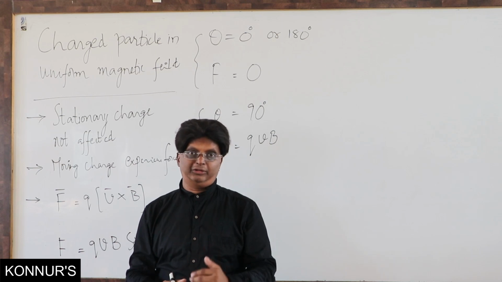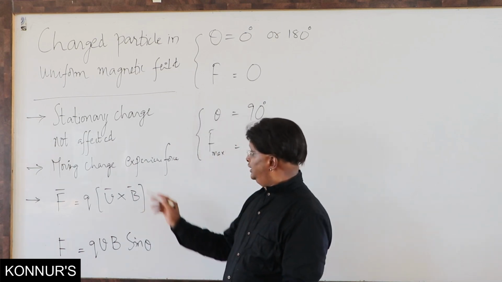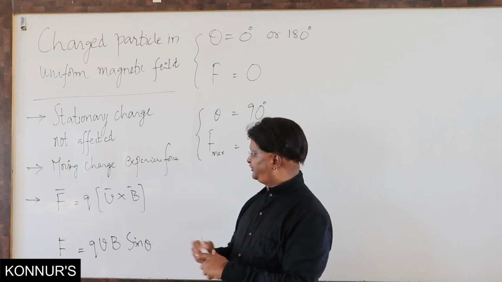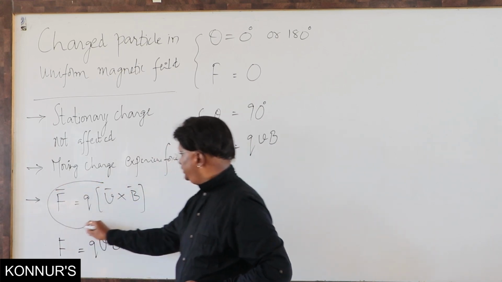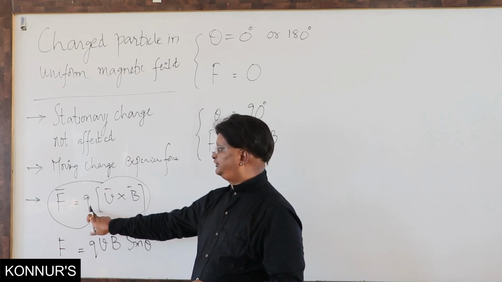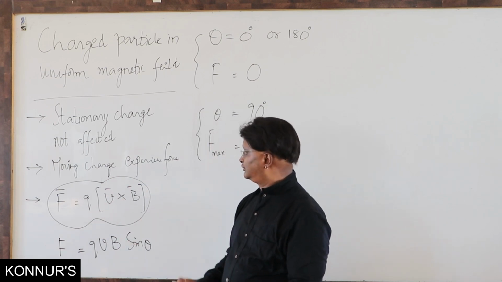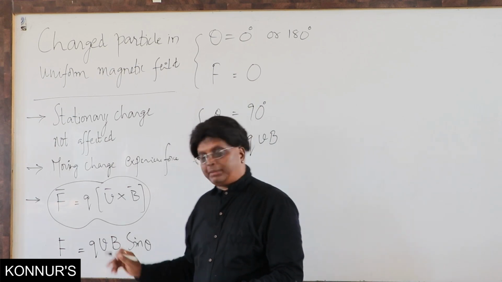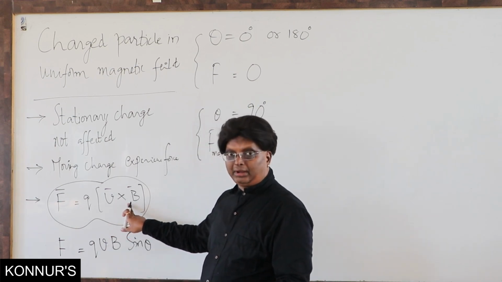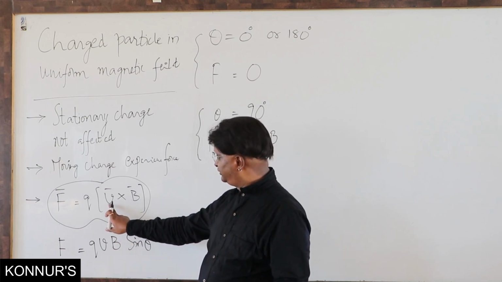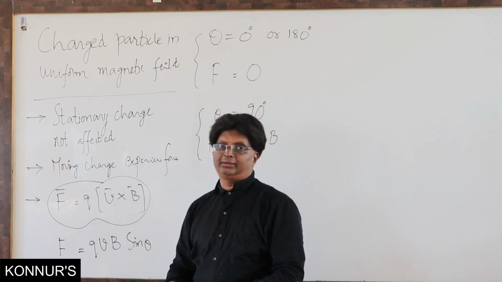We cannot evaluate it that way. A moving charge experiences force, a famous expression. In vector form I am writing the force vector F bar is the charge times a scalar, and look at this quantity V bar cross B bar, a cross product of vectors, in which the order is very important. This is V bar cross B bar.